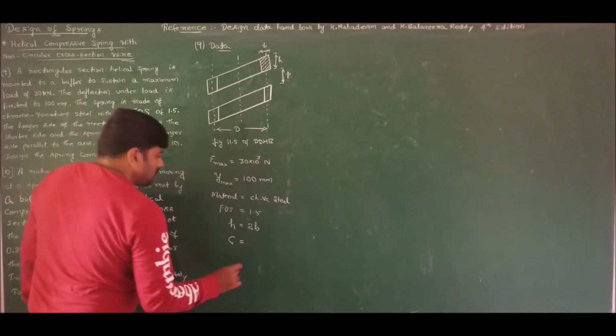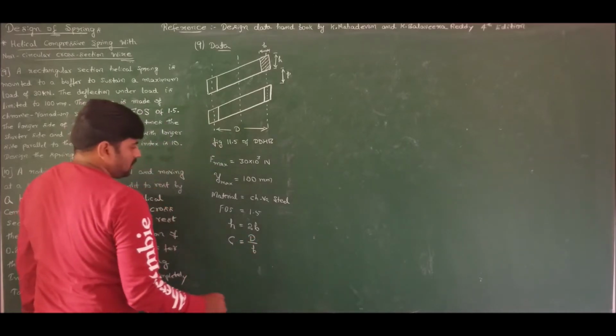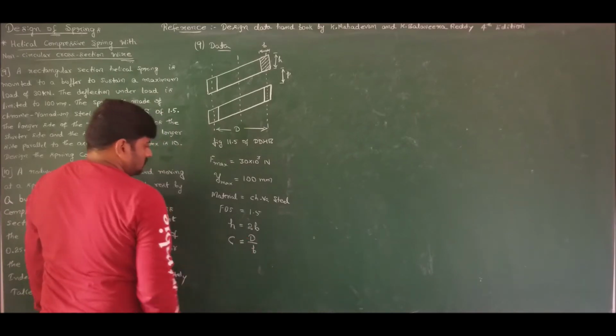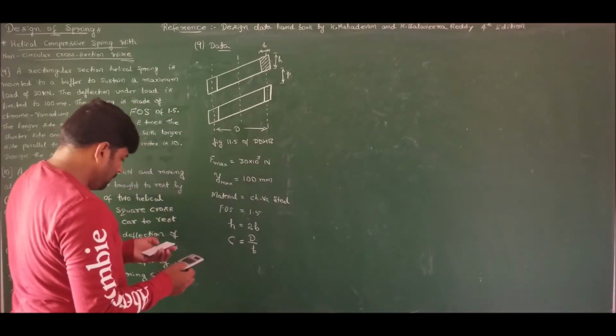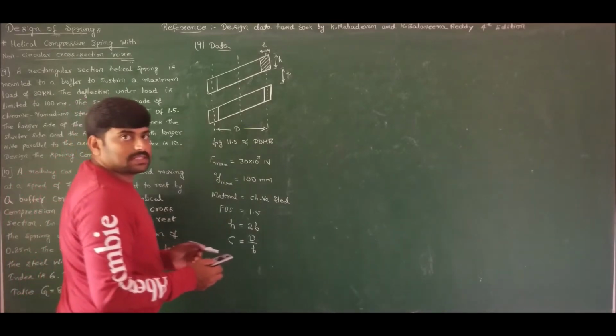For rectangular cross sections, spring index C is given by D by small b. This you can see if you refer to equation number 11.13a on page number 171.